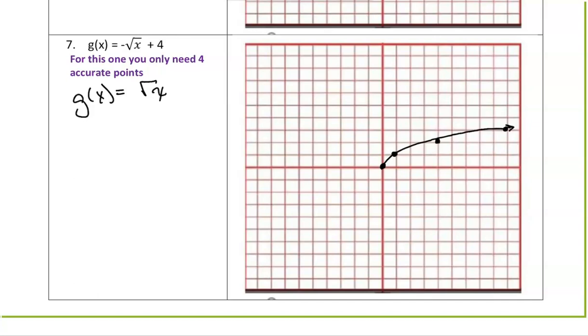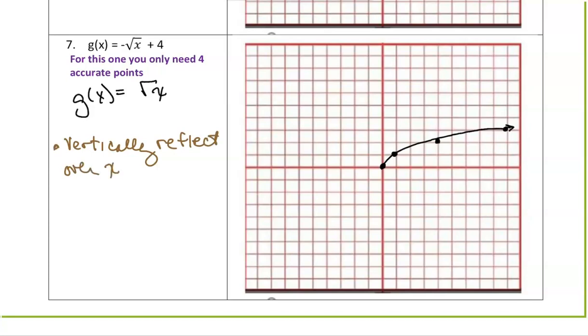Let's now change our colors. And what do we have to do? We have to vertically reflect over x.